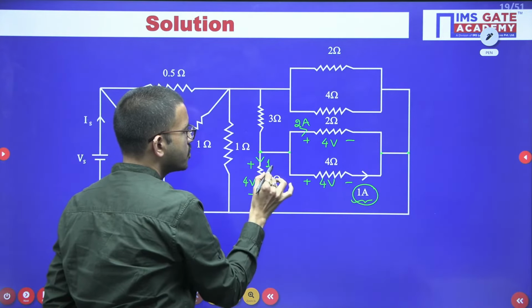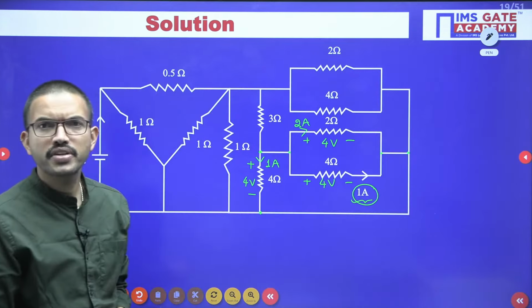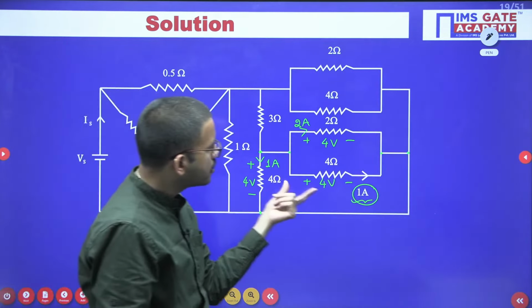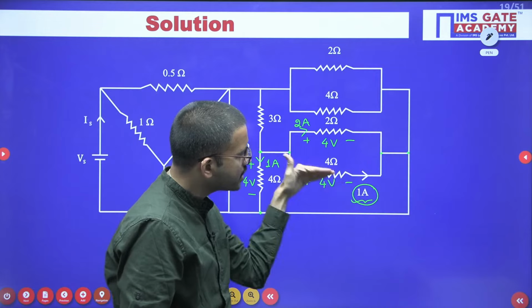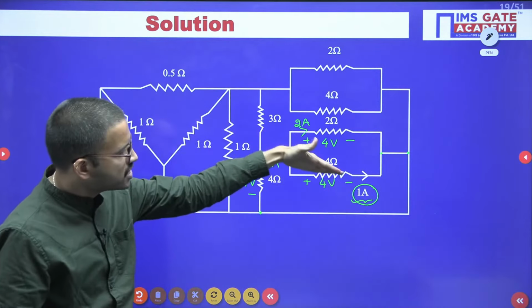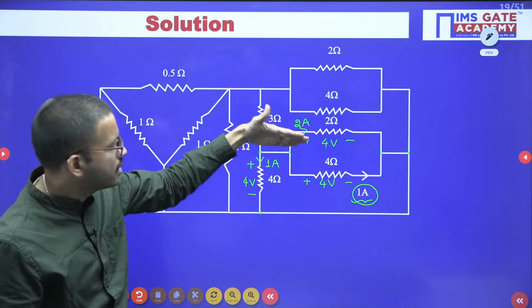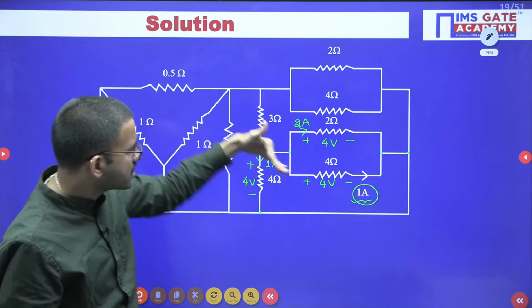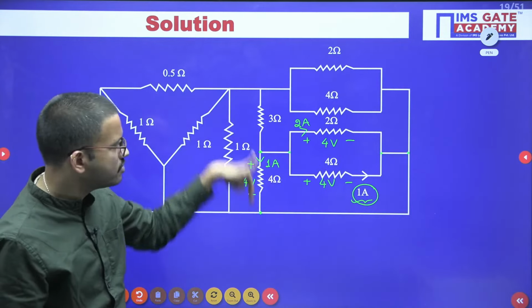And by using Ohm's law, you are getting 1 ampere. Or otherwise, here also 4 volt, 4 ohm. In this branch, 1 ampere current is flowing. The moment you have observed this, both are parallel. In this branch, 1 ampere, obviously same resistor here, same current will flow.